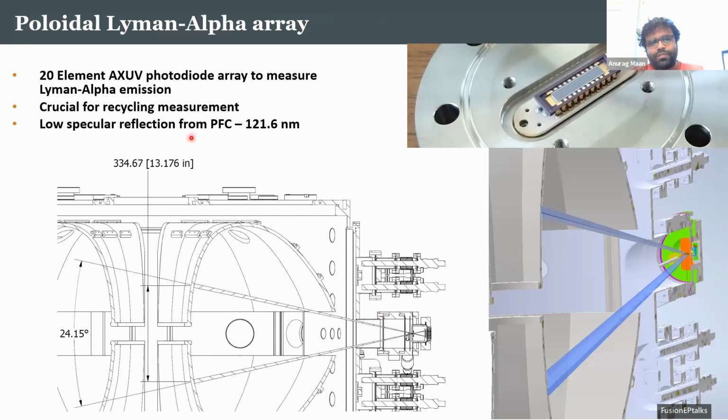This is important because Lyman alpha emissions have particularly low specular reflection, which is useful for an all-metal machine, where if you look at hydrogen alpha or hydrogen beta signal as a proxy for recycling, you're probably deluding yourself because of large reflections from other places in the machine.